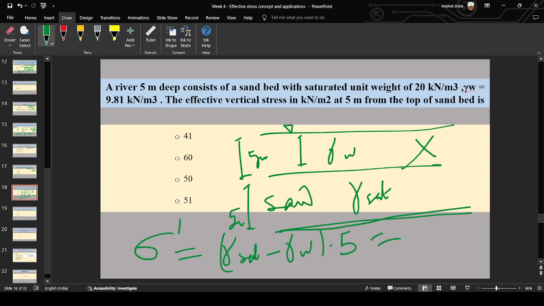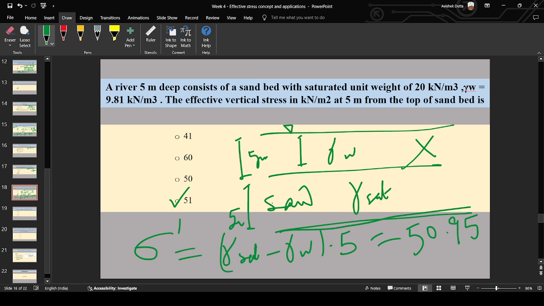Gamma sat is 20 given. Gamma W is 9.81 given. So it is 20 minus 9.81 into 5, almost 50.95, approximately equal to 51, the last option. We will not be considering the water because I have asked only the effective vertical stress.